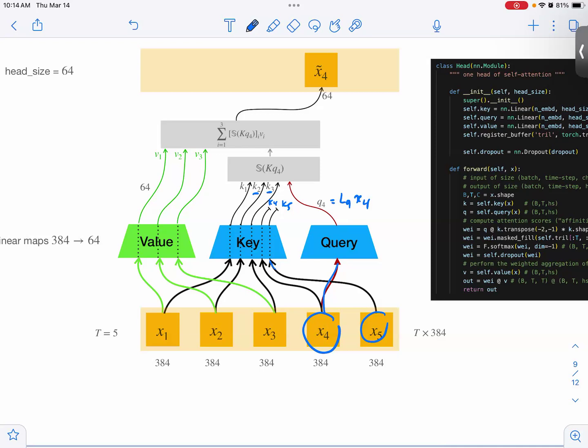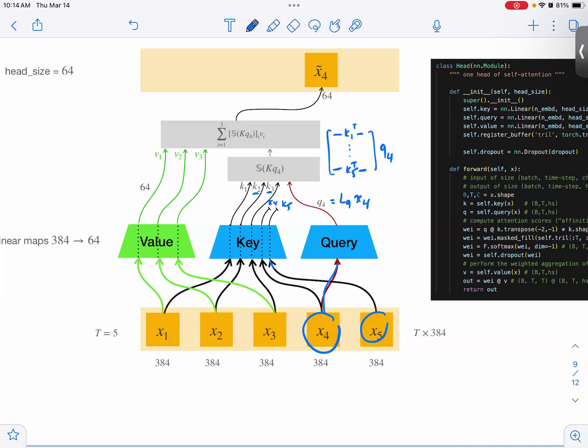So basically these are my x's now. You can think of this as the x, and then I'm averaging a certain bunch of values, and these are like y's. And by taking inner products of the queries and keys, I'm forming these. So this K matrix is like K1 transpose up to, let's say, K5, applied to the query.